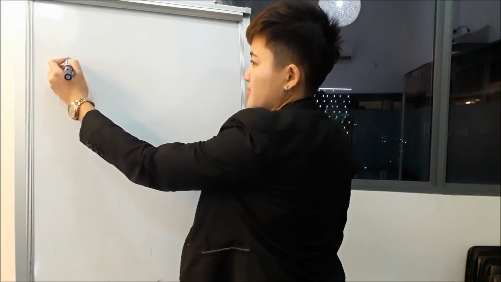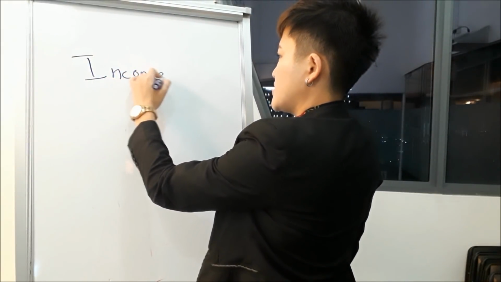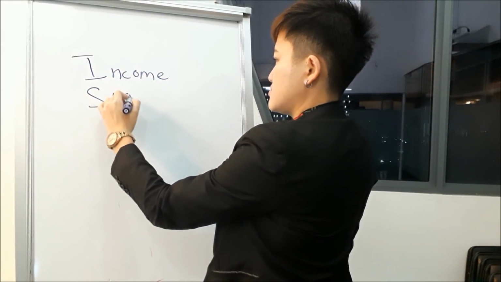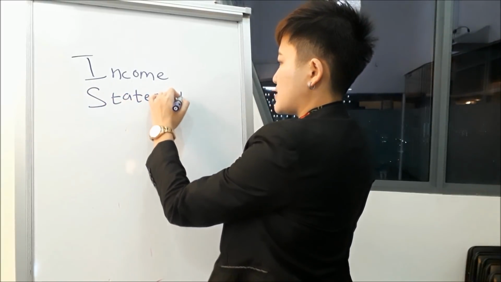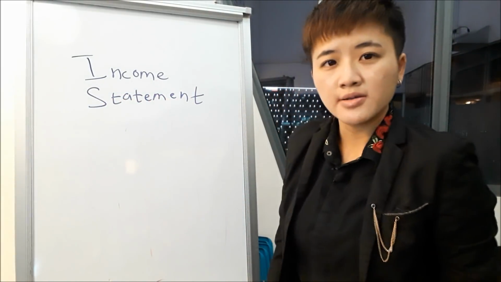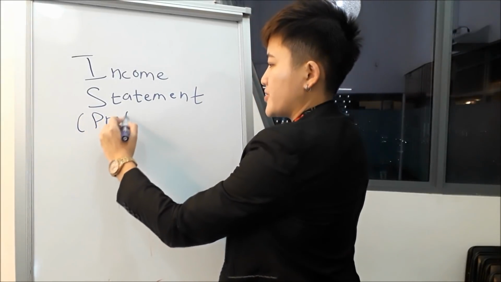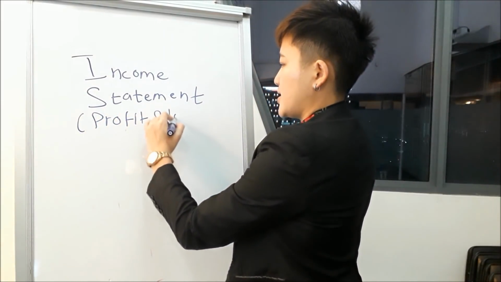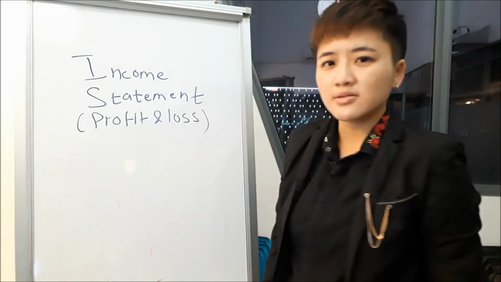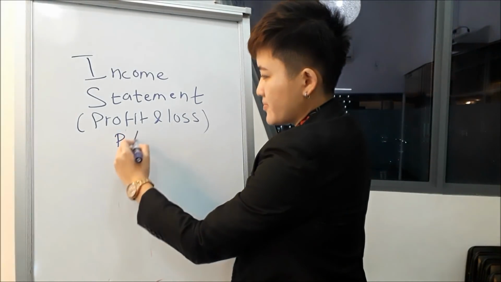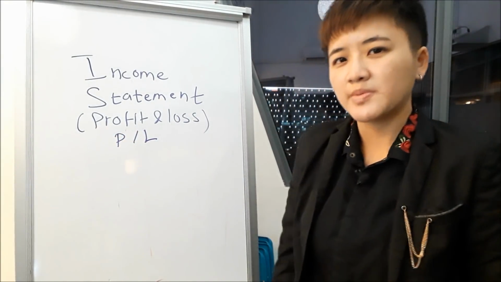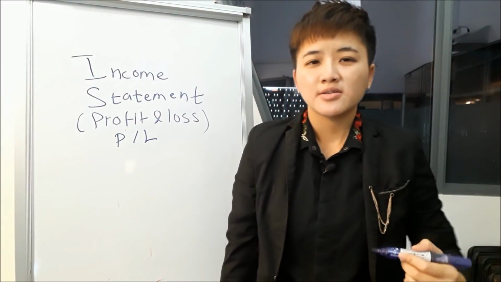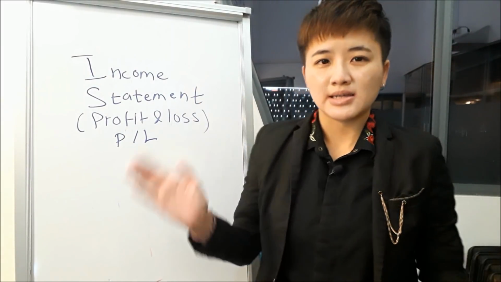So the first one is your income statement. Okay, some people call it the profit and loss statement, or some people call it short form P&L. So when people talk about P&L, they are referring to the income statement.